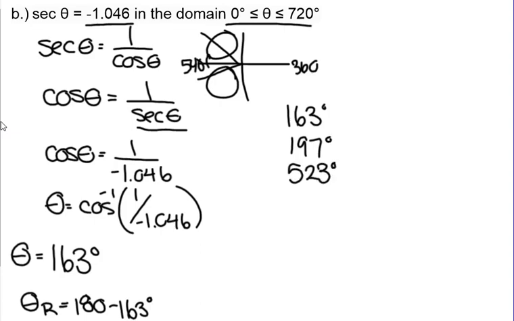And we also want 540 plus another 17, which is 557. So those are 4 angles that match all the criteria: secant of theta is equal to negative 1.046 between 0 and 720 degrees.